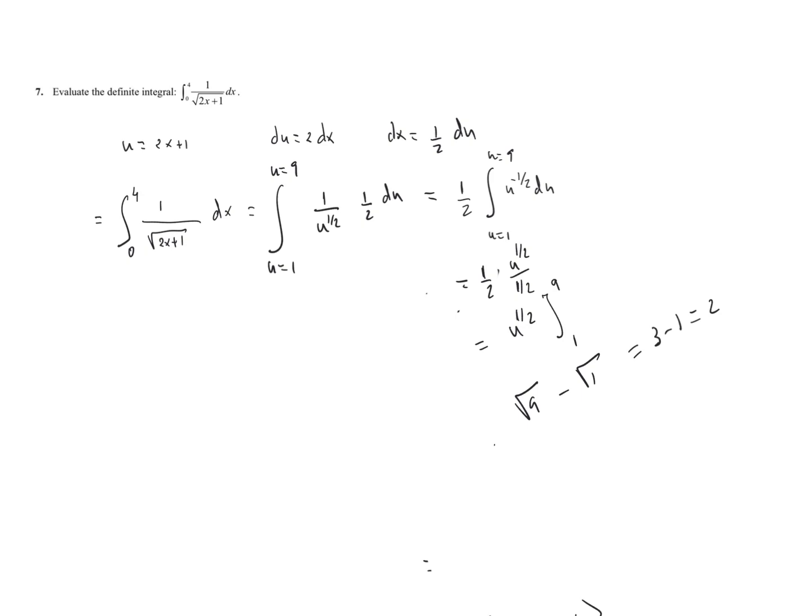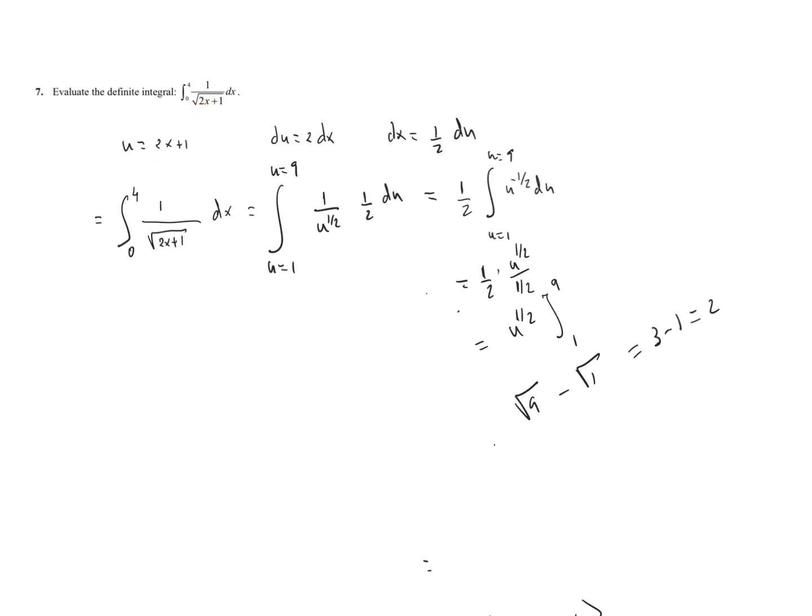Let's go to another question: 1 divided by the square root of 2x plus 1. You need to redo this problem several times until you get the practice, so that when they ask you a similar problem, you know what to do. Now we choose u to be 2x plus 1.